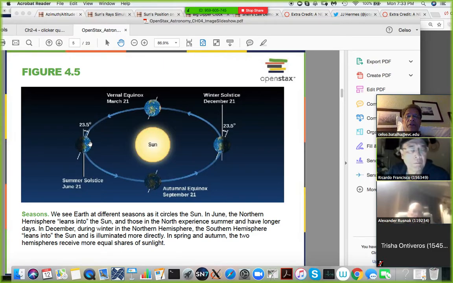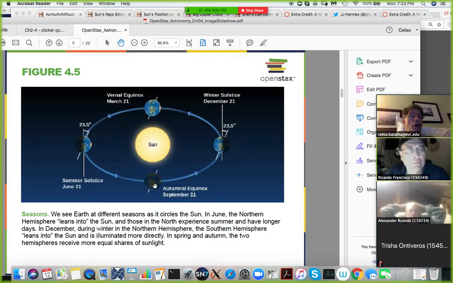In both equinoxes, vernal and fall, those are the points where the celestial equator and the ecliptic line both meet at the same point.